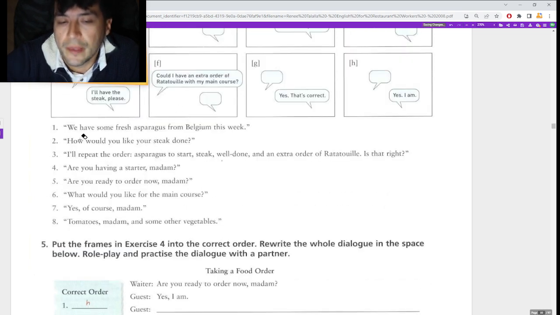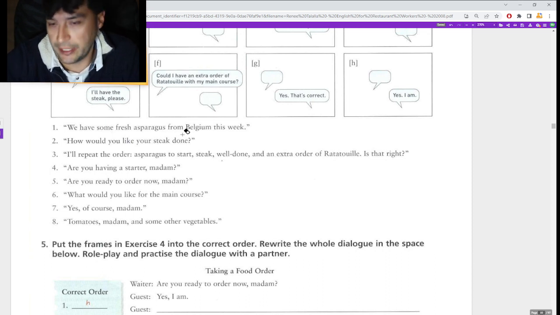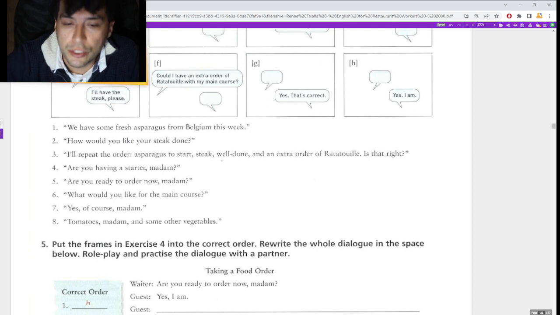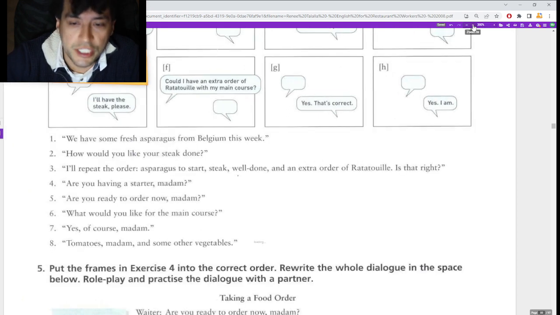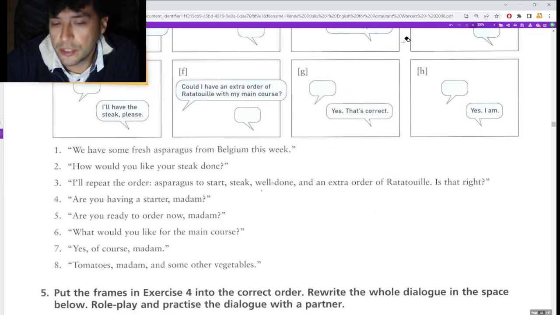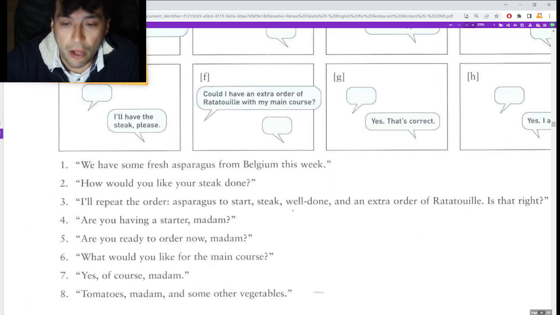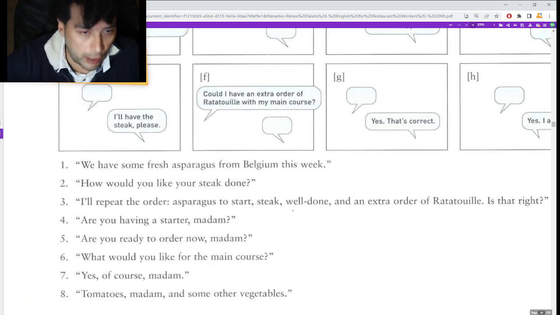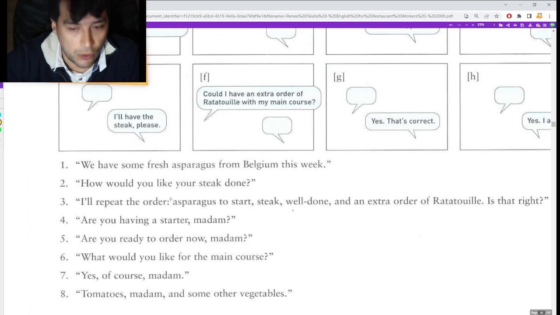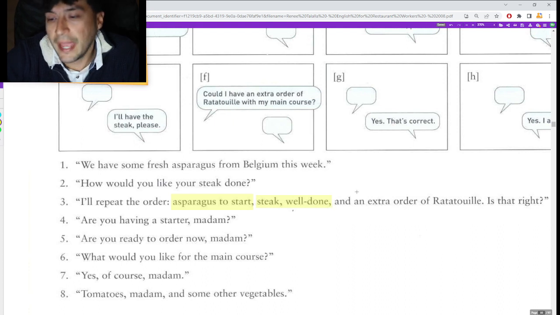Number 1. We have some fresh asparagus from Belgium this week. Number 2. How would you like your steak done? Number 3. I'll repeat the order. Asparagus to start, steak well done, and an extra order of ratatouille. Is that right?